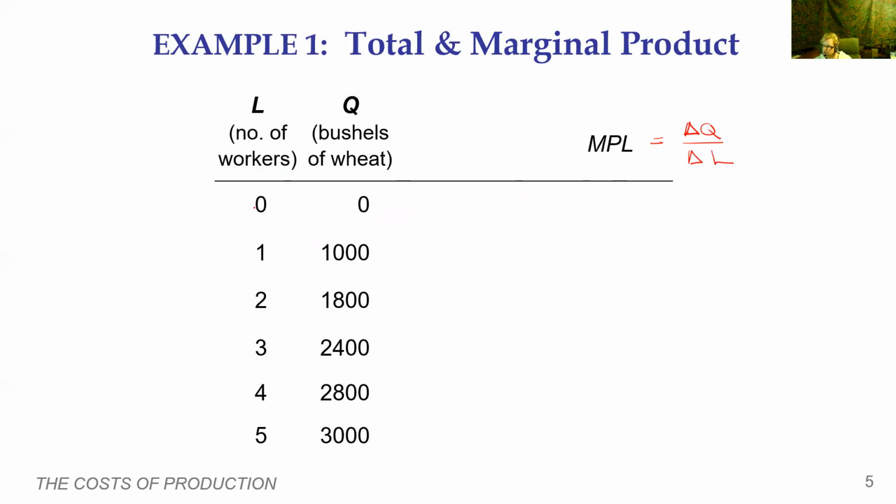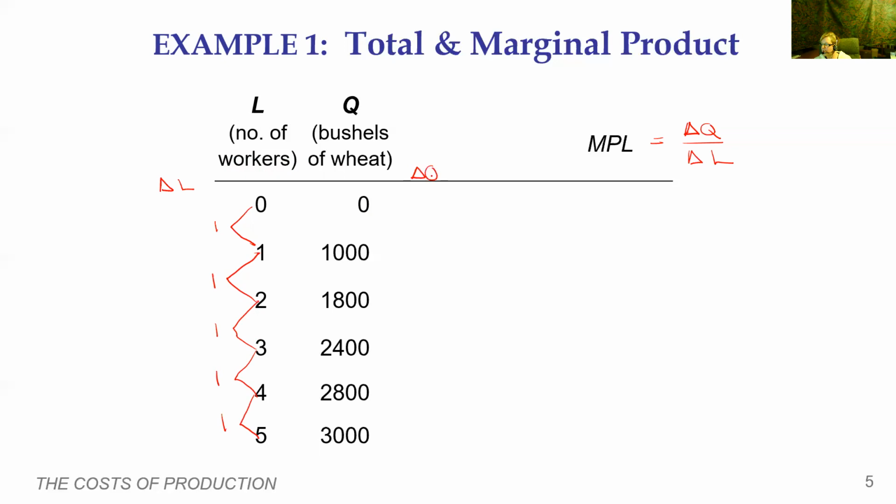In this particular scenario, our change in labor is 1. So 1 minus 0 is 1. 2 minus 1 is 1. 3 minus 2 is 1. So we're looking at these as a factor of 1. Then we want to calculate our change in quantity.